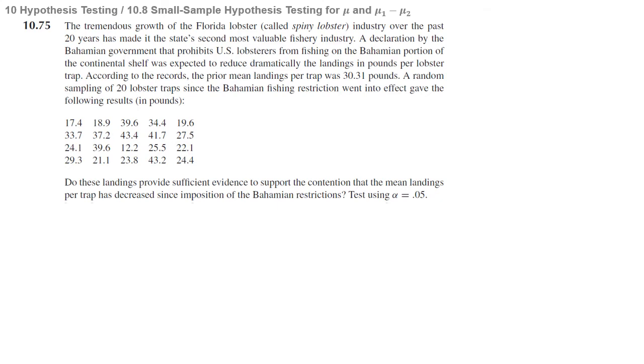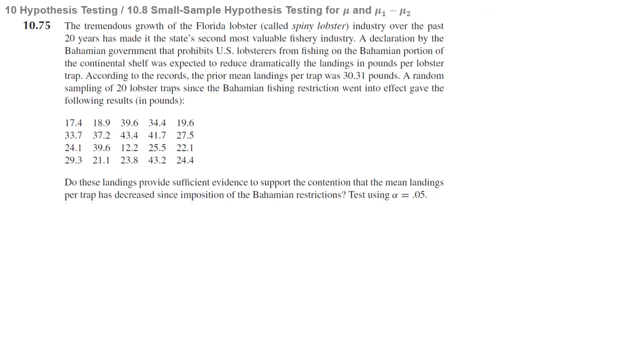Let's move on to exercise problem 10.75. The tremendous growth of the Florida lobster industry over the past 20 years has made it the state's second most valuable fishery industry. A declaration by the Bahamian government that prohibits U.S. lobsters from fishing on the Bahamian portion of the continental shelf was expected to reduce dramatically the landing in pounds per lobster trap.